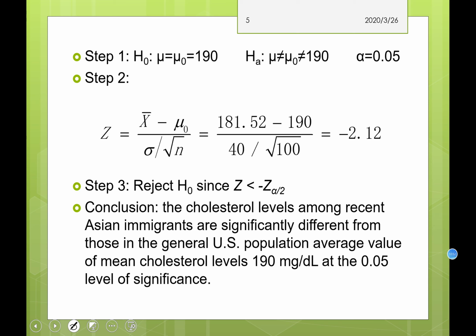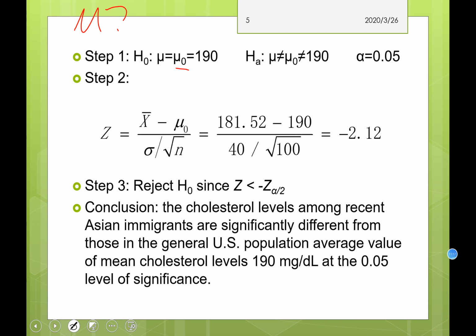And here we use mu to represent the population mean of Asian immigrants. But we know that in this question, what we can only know is the sample from the population. So this population is not given in the question. So we use mu to represent the population mean of Asian immigrants.